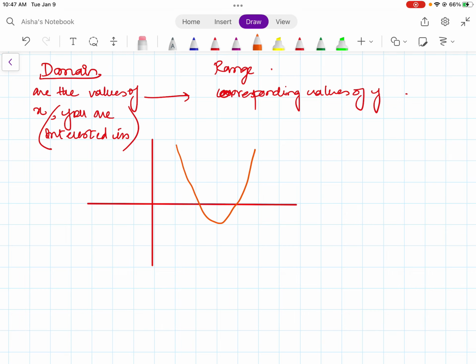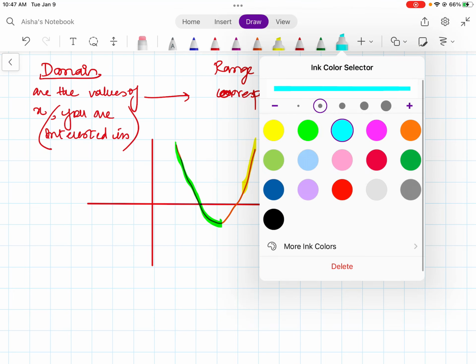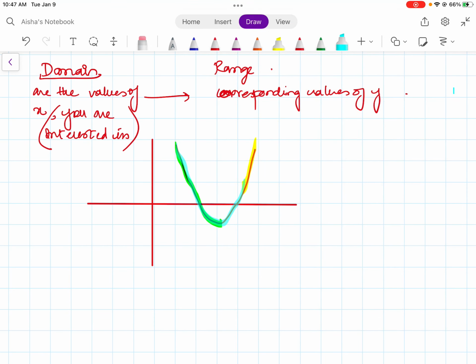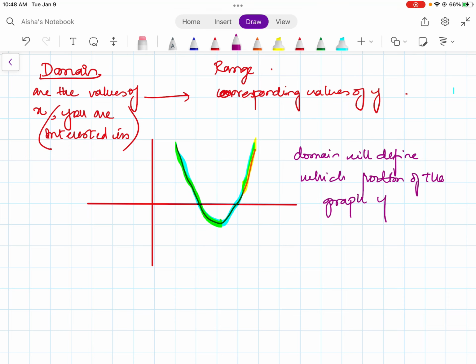So it goes from minus infinity to plus infinity. Like it can go on and on and on. But whether you're interested in just this portion of the graph, or you're interested in complete graph, that will be defined by domain. Which portion of the graph you are interested in.